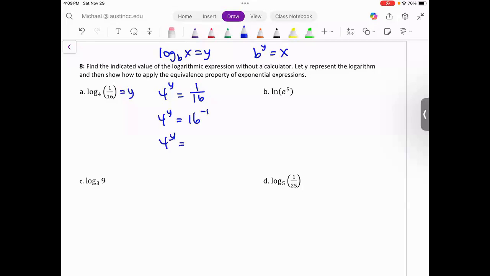So we can rewrite it as 4 squared, but we need to remember we still have that exponent of -1. So when we evaluate that right side, we get 4 to the -2. And now we have the same base. That equivalence property tells us that the exponents are equal. And we're done. We have y equals -2.